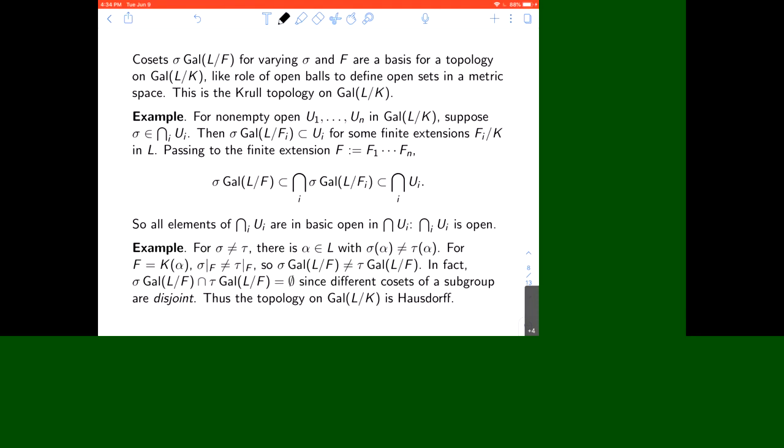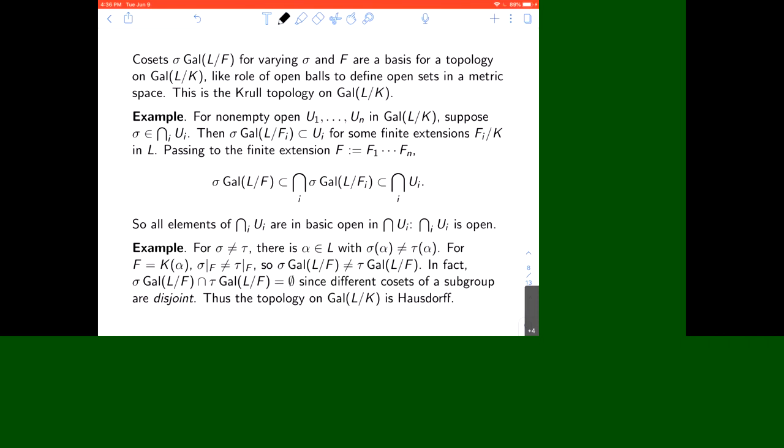You define the Galois group of L over F as your basic open sets around the identity, and then you slide them around to get neighborhoods, basic open sets of other things, and unions of these are open sets in general. So let's check the intersection property. Suppose I had finitely many non-empty open sets.